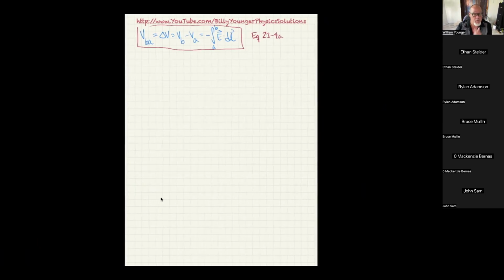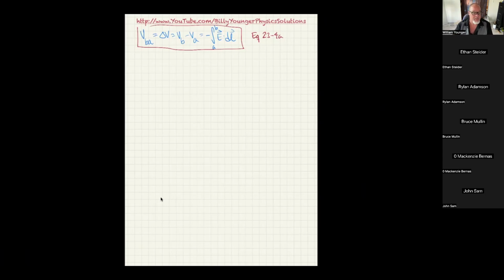Now, in principle, you can actually calculate that. We've already figured out that for a uniform electric field, we end up getting E times D, where D is the distance you moved. It actually turns out to be negative E times D, but I usually don't pay attention to the signs. I use my understanding of voltage versus positive and negative charges to figure out what the sign should be, to keep from making careless mistakes.